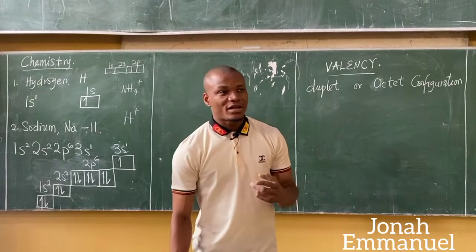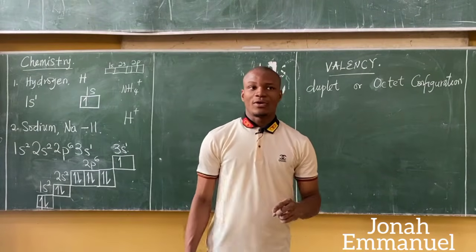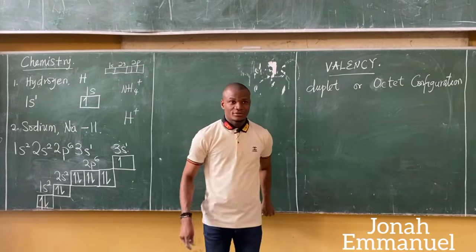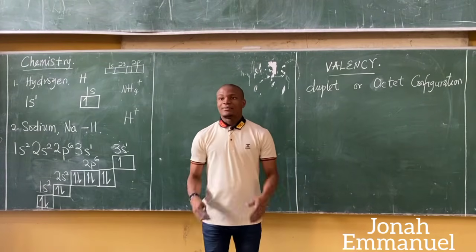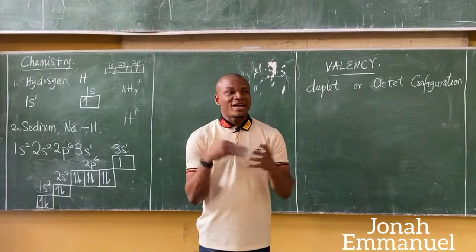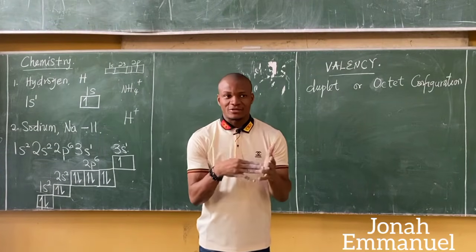By duplex configuration, we mean it must have 2 valence electrons. And by octet configuration, we mean it must have 8 valence electrons.